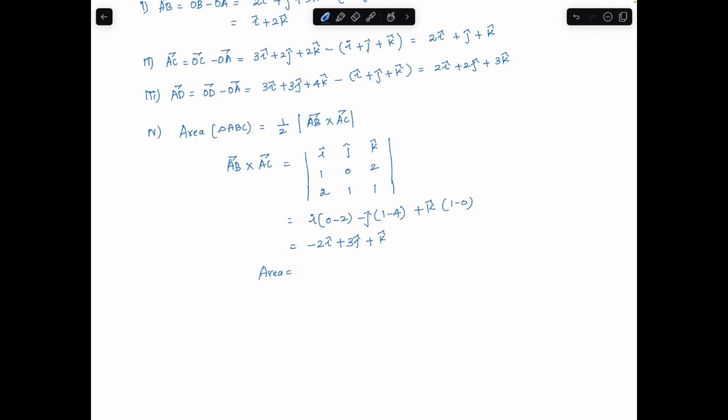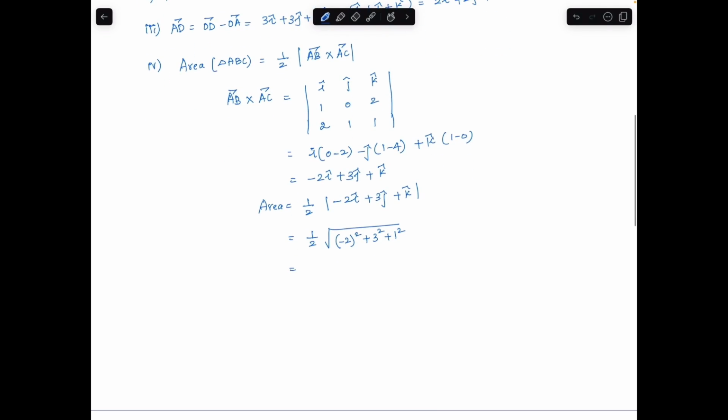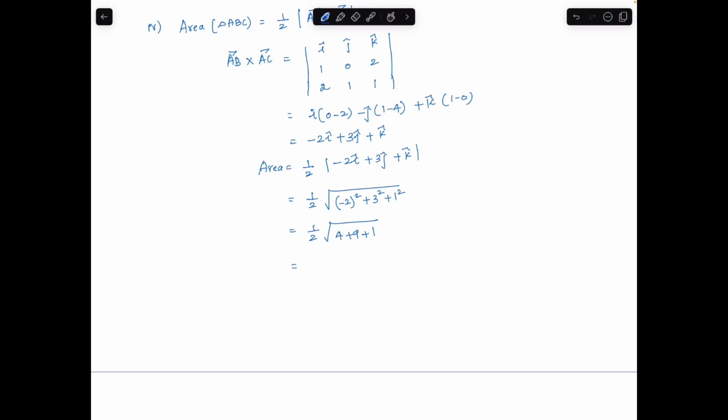Area is equal to half times magnitude of this minus 2i plus 3j plus k, which gives half root of (minus 2) square plus 3 square plus 1 square, which is half times root 4 plus 9 plus 1, that is root 14 by 2 square units.